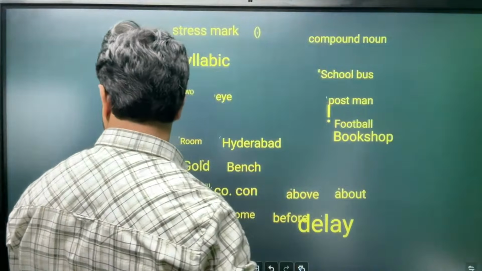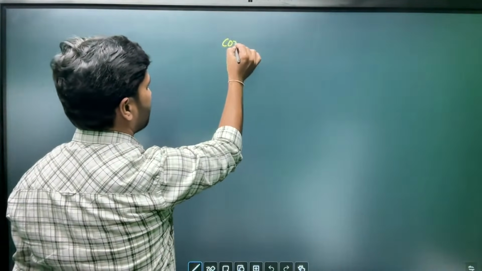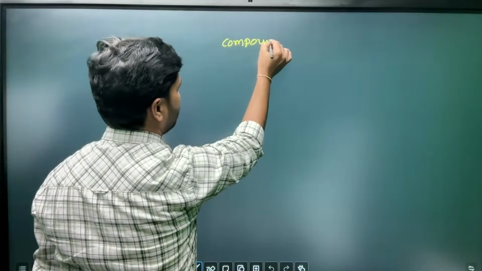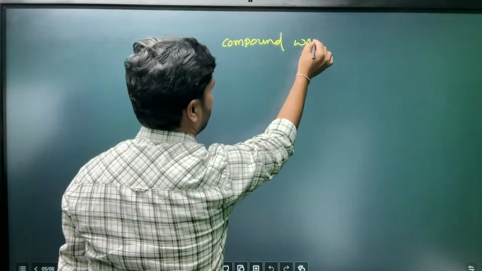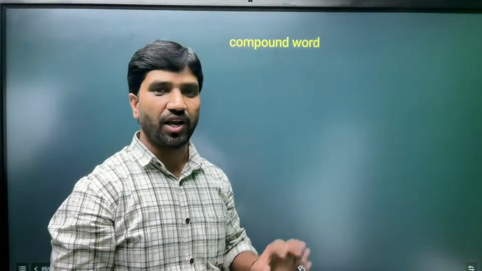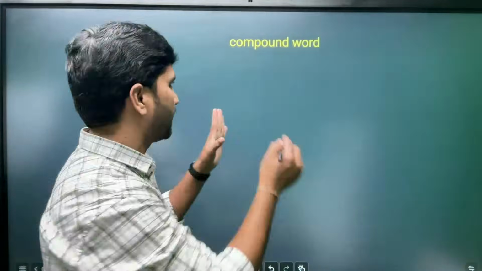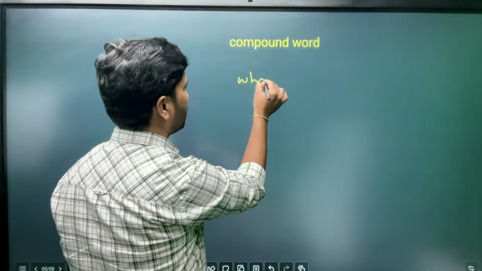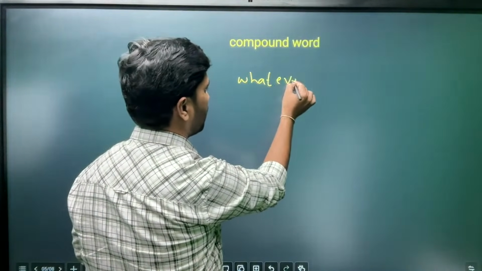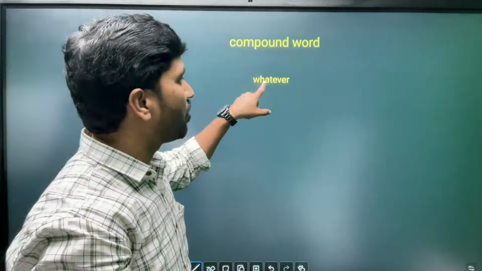The next one is compound word. See what we found there. Compound nouns we found. Here we find compound words. Only words here. For example, whatever. There we found nouns, naming words.